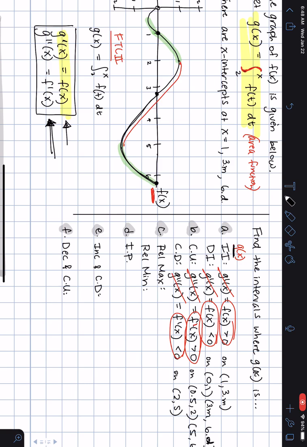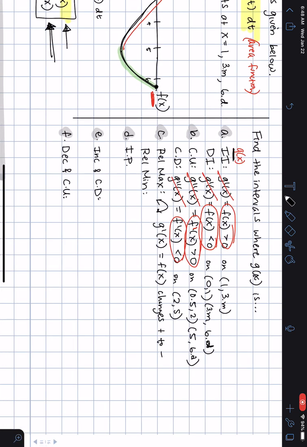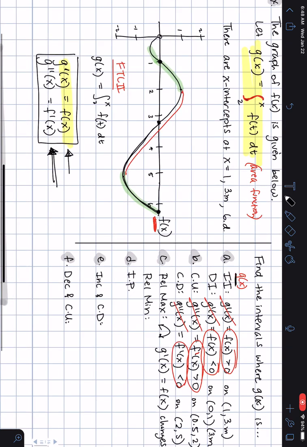Okay, let's do our relative max now. The relative max of G means that G prime changes from positive to negative. But G prime is the same as f. And so we're looking where f then changes from positive to negative. Careful. Why don't you answer this? Is it here? Here?